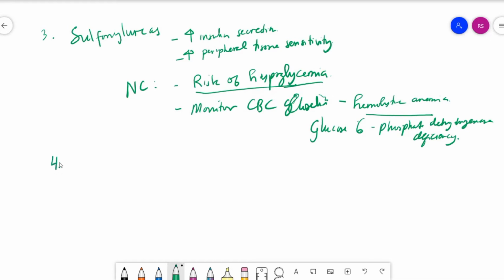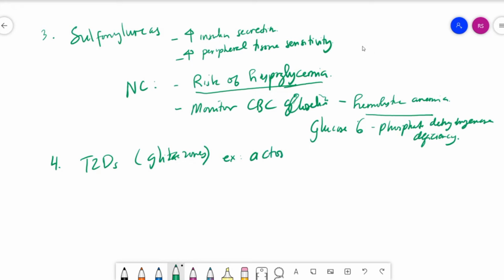Okay. Number 4 is thiazolidinediones, TZDs, or some people call them glitazones. One example for this one is Actos.